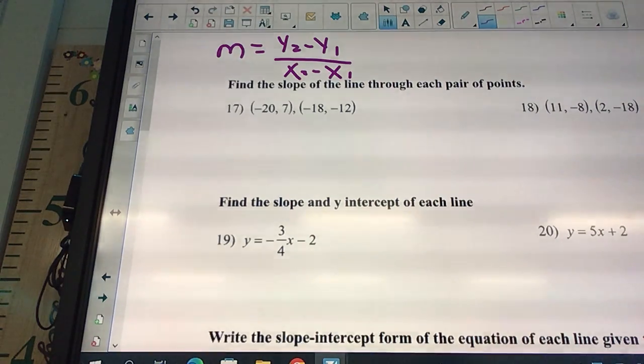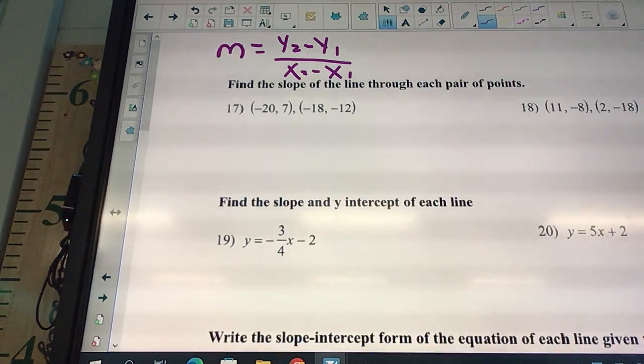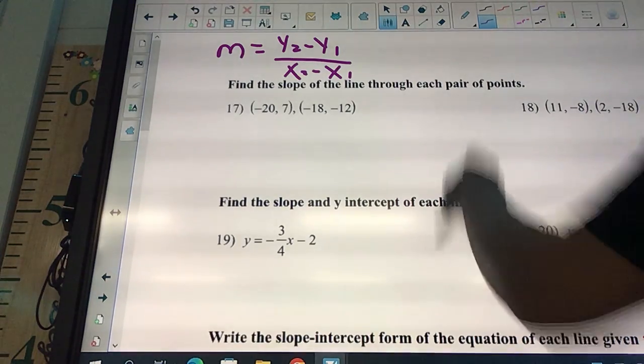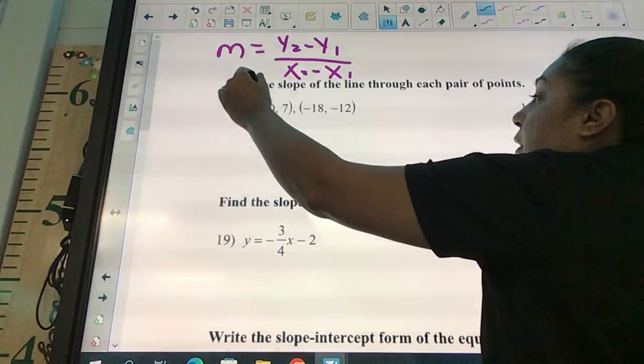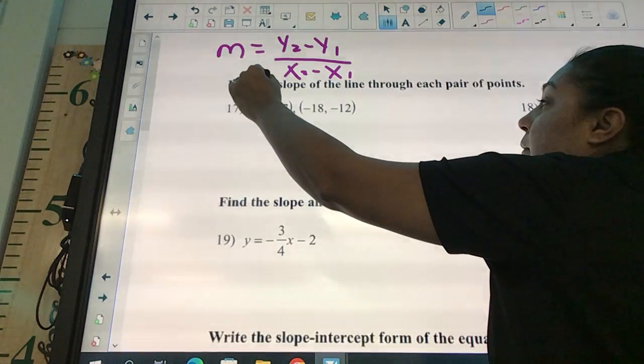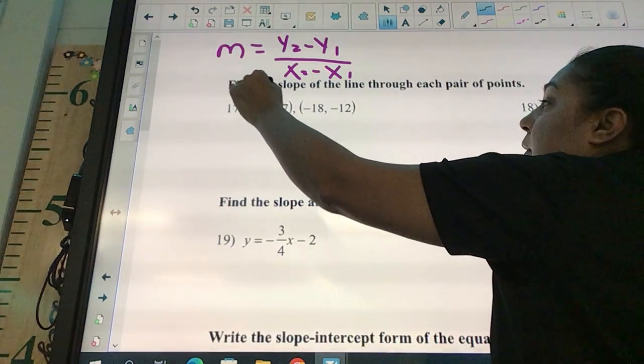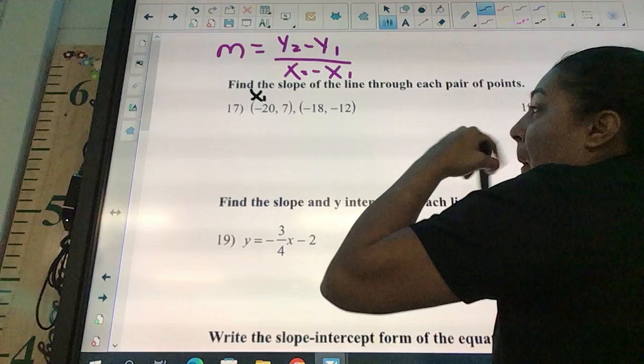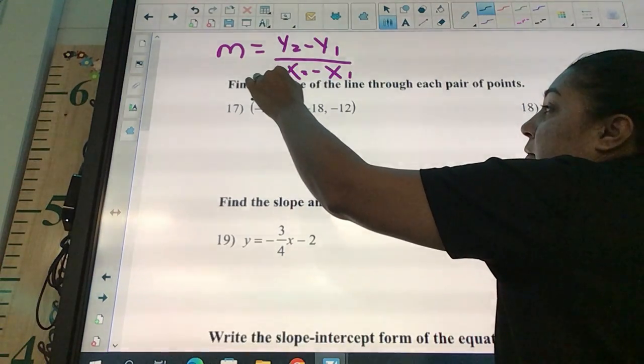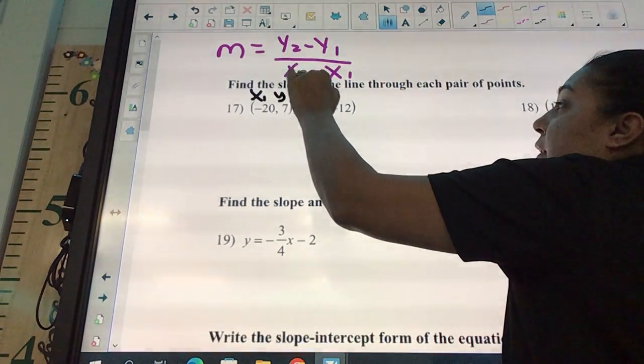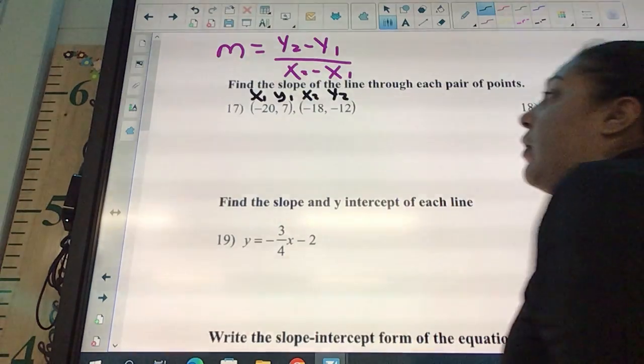Okay, so we label these how? Okay, how does this one go? X1. What's this one called? Y1, X2, Y2. Okay, so how's this going to be?